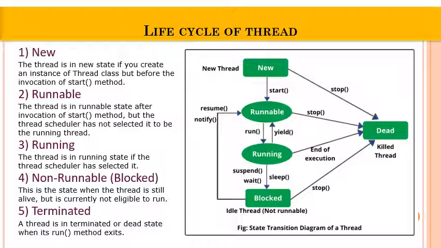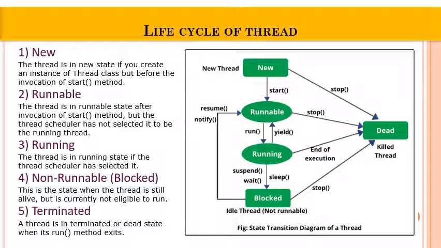Okay, the second is runnable. The thread is in the runnable state after invocation of the start method, but the thread scheduler has not selected it to be the running thread. The runnable state means that the thread is ready for execution and is waiting for availability of the processor.